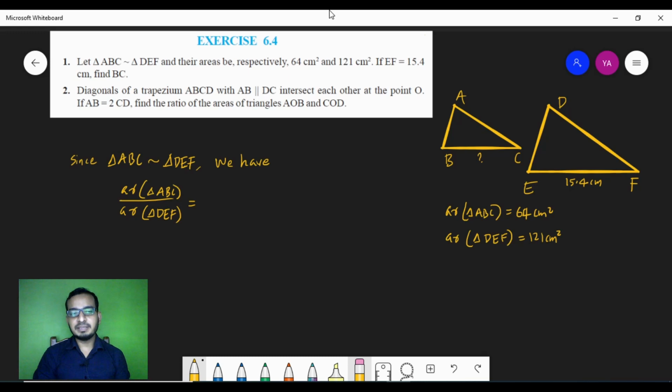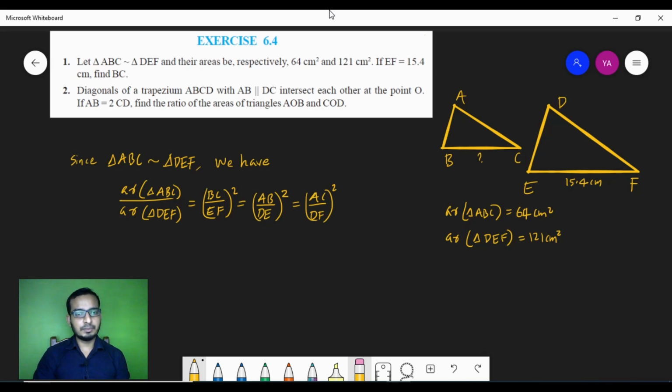The theorem says that this ratio is the same as the squares of ratios of corresponding sides of these two triangles. So it will come like this: BC by EF all square is equal to AB by DE all square is equal to AC by DF all square.